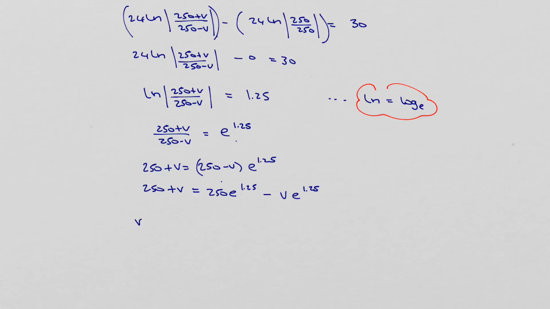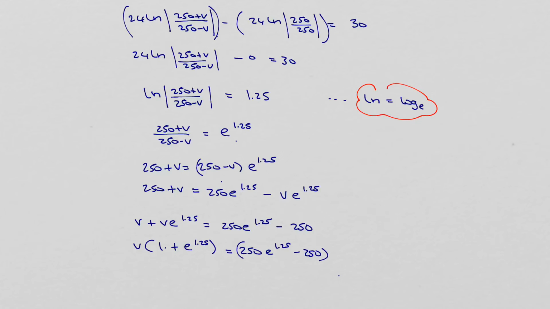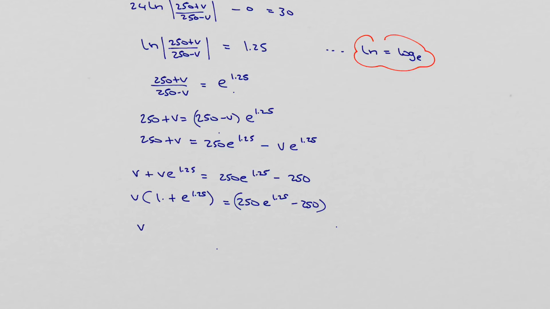So that gives me v plus v e to the 1.25 is equal to 250 e to the 1.25 minus 250. Take out v as being common. And then dividing across to get v on its own.